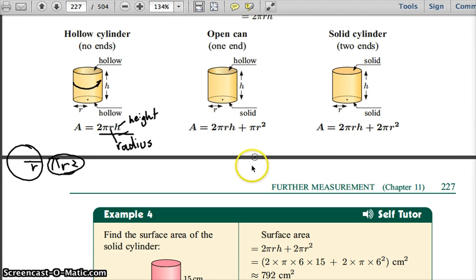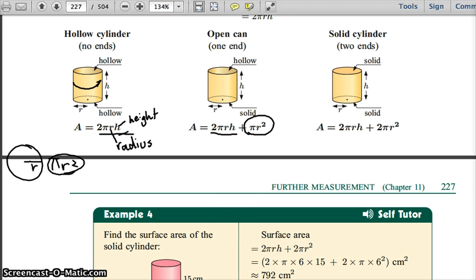Because it's open at one end yet closed at the other, we have our area formula calculated just once. What does this whole calculation with height and radius give us, Alex?